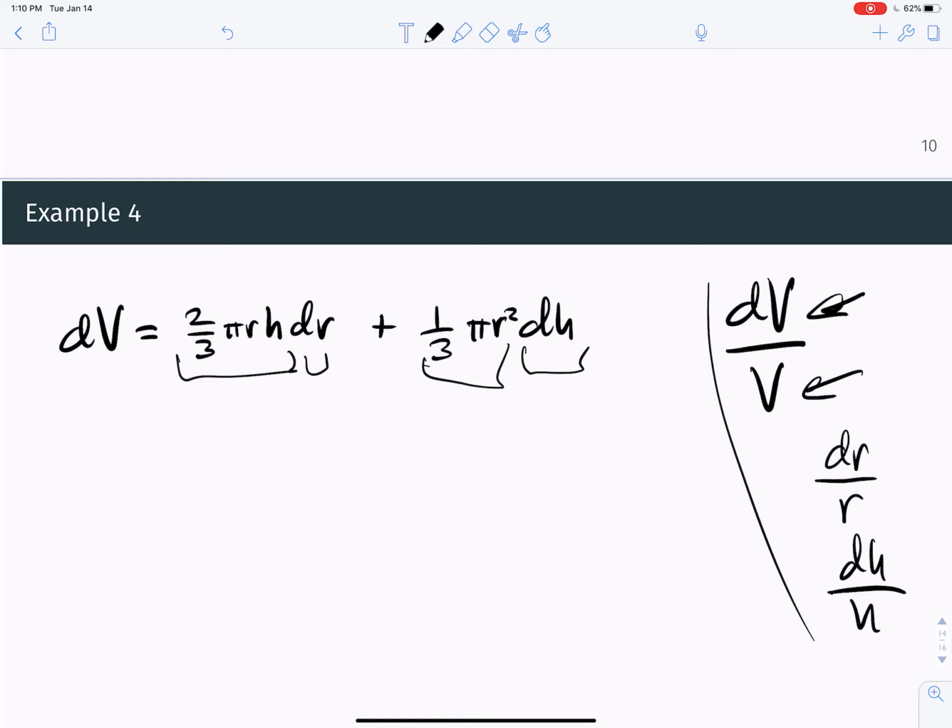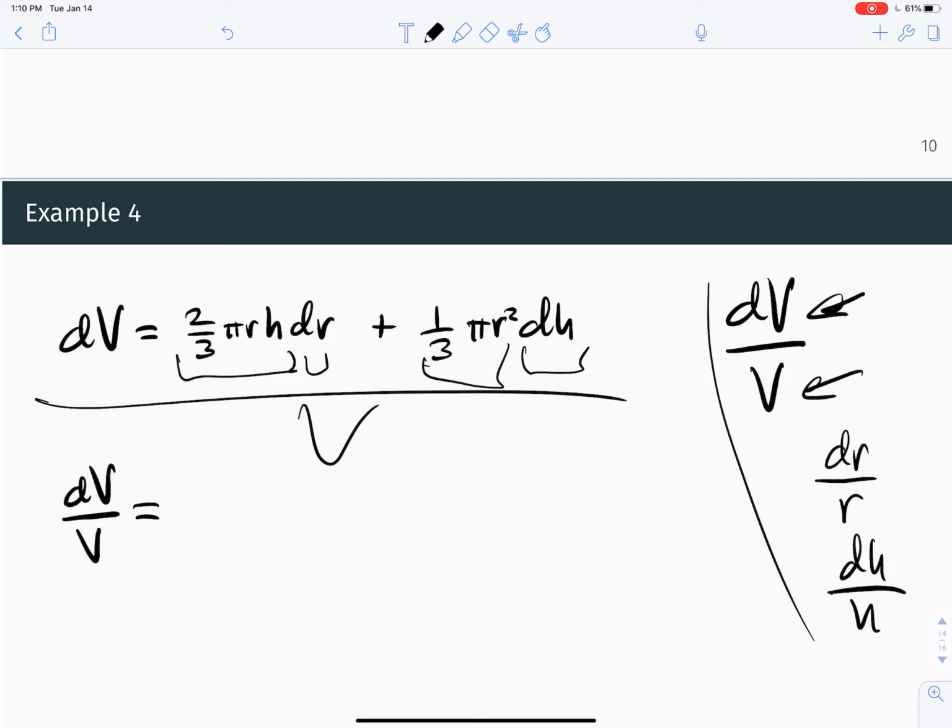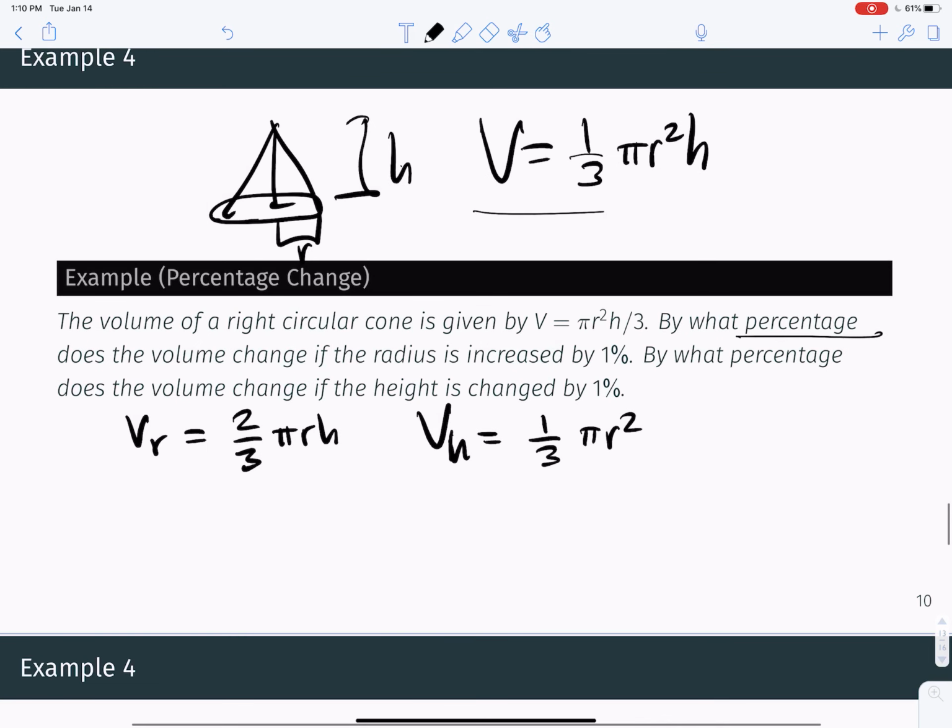So the way we do this is we just take the whole equation and we divide by V. And on the left side, that gives us dV over V, so percentage change in V. On the right side, we have 2/3 pi r h dr. I'm going to divide that by V. What is V? It's 1/3 pi r squared h.